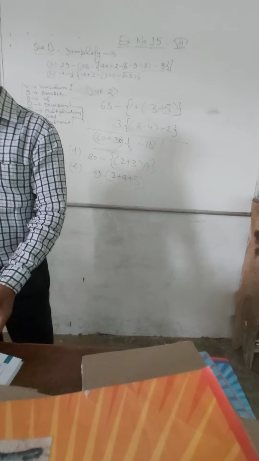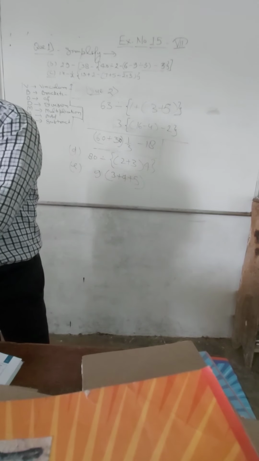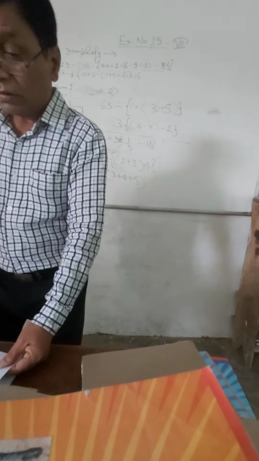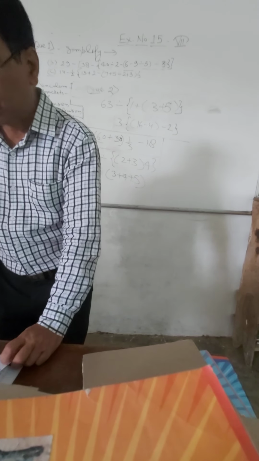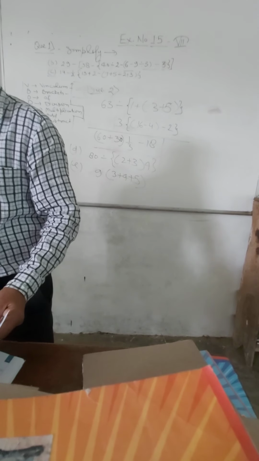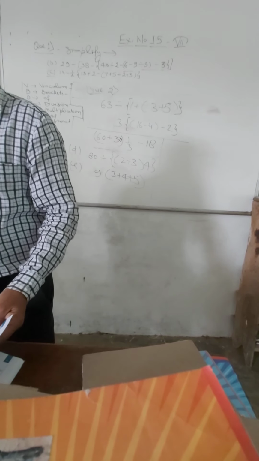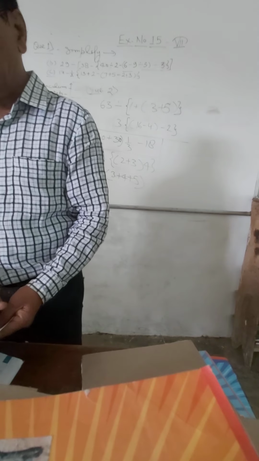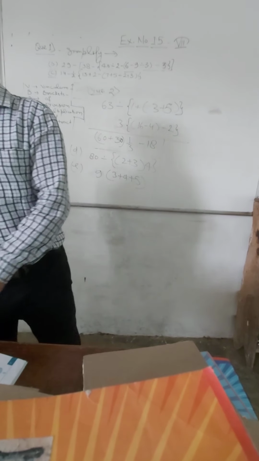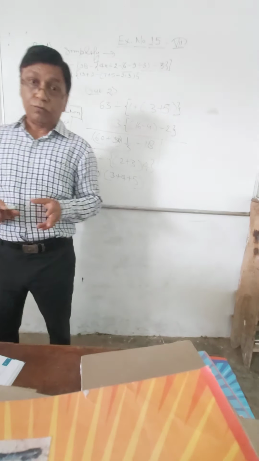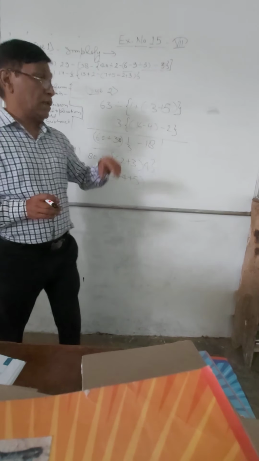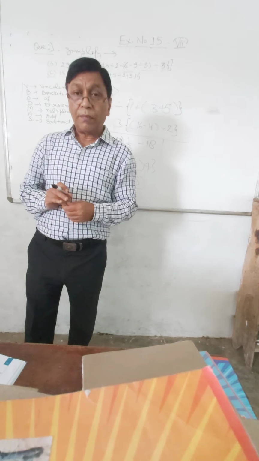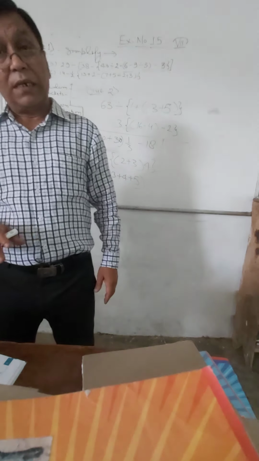Next class, see one more thing. Chapter number 1 is completely finished. Now the last review exercise, thinking skills, fill in the blanks: take the book and do and complete them yourself. Later, when the regular classes start, if you have any problem, we will solve that also.